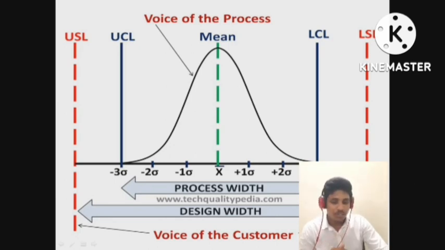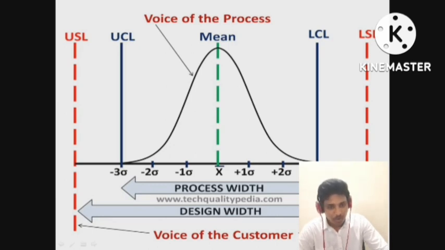But we are not going to take the design width as the critical values, but we are taking values in between these two values as upper critical limit and lower critical limit for our process in the company. So this will be the tolerance values for us, but the actual design tolerance values are USL and LSL, while we are taking UCL and LCL as our tolerance limit.